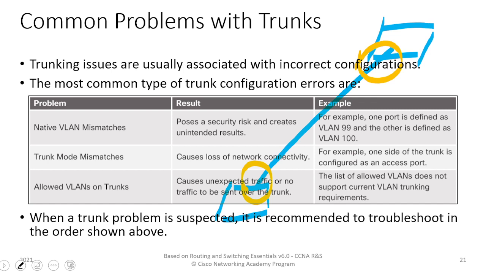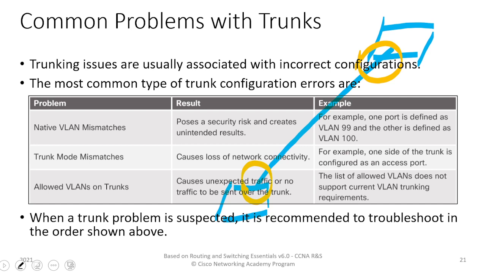When we are configuring both ends, we should configure the native VLANs correctly. So if we set the native VLAN as 99 on one port and 100 on the other one, that could lead to some issues. If we set one end as a trunk port and the other one as an access port, that could be a problem, because we want to set the mode to trunk mode at both ends.